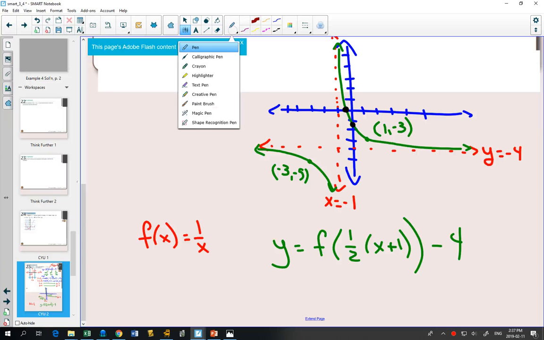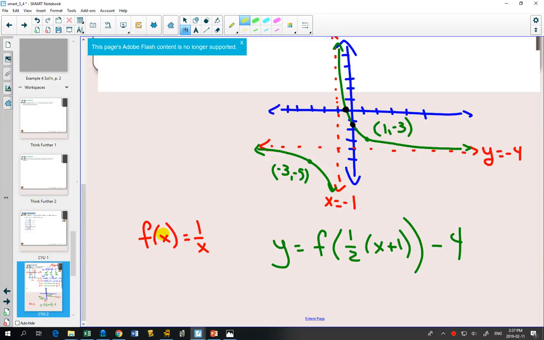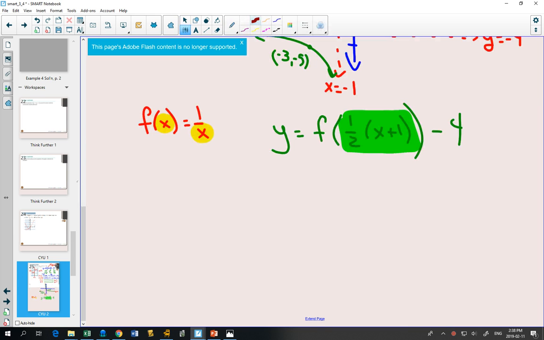Again, what is the idea of a function? Whatever's inside the function replaces x. So what do I have inside the function now? All of this is inside the function. So when I go to write the actual explicit equation, it's going to be 1 over, and instead of just 1 over x, I'm going to have 1 over 1/2 x plus 1.